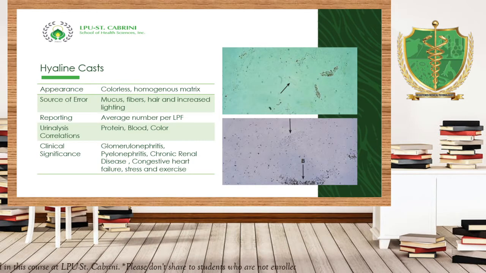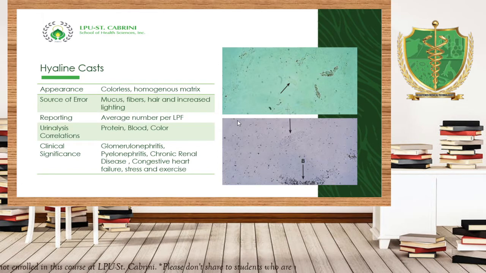And number one is the hyaline cast. So I have here the summary of what hyaline cast is and its clinical significance. The appearance is a colorless, homogeneous matrix. Again, the backbone is uromodulin, the Tamm-Horsfall protein.